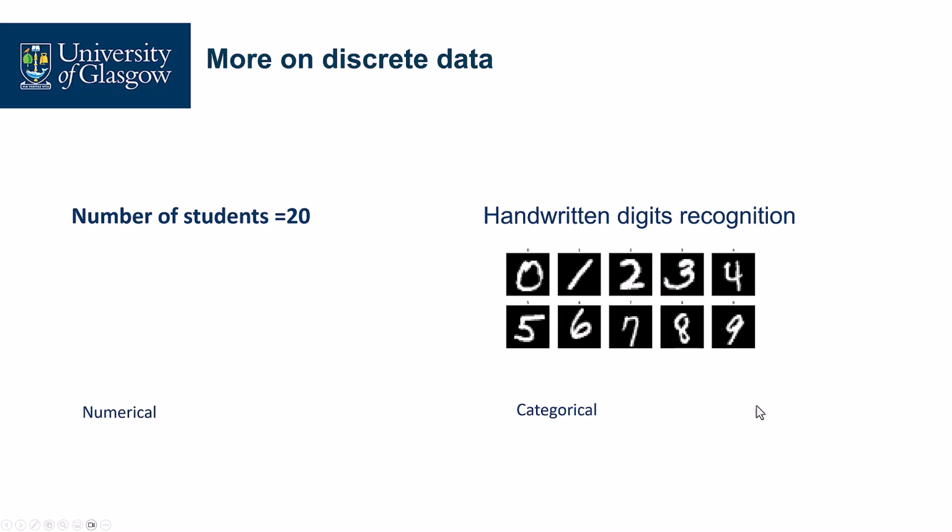We can't do arithmetic calculations among them because these are just different categories. We need to pay attention to this. For numerical data, we can use regression, but for categorical data, we do classification. This needs to be paid attention to.